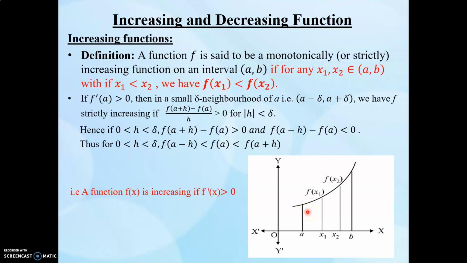Hence, if 0 less than h less than delta, f of a plus h minus f of a greater than 0 and f of a minus h minus f of a less than 0. So, you can use this definition for your increasing function. A function f of x is increasing if f dash x is greater than 0.